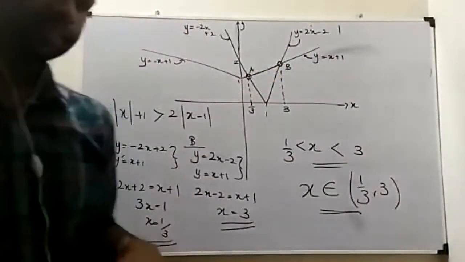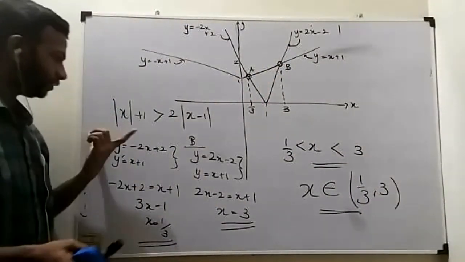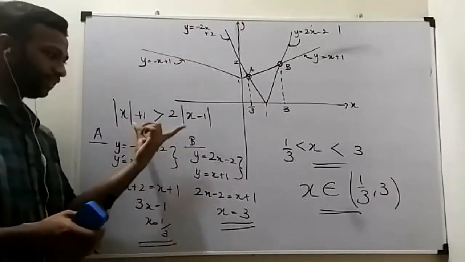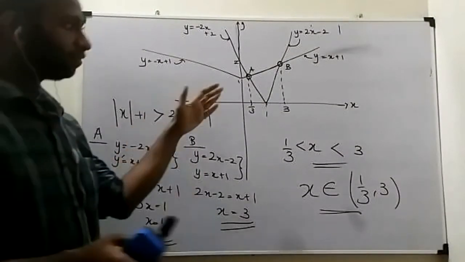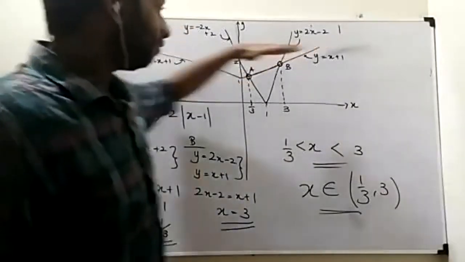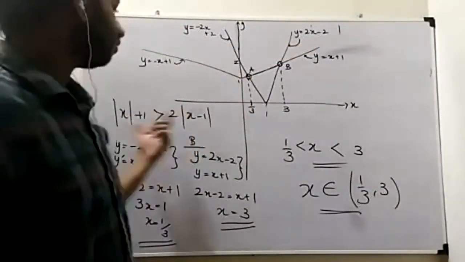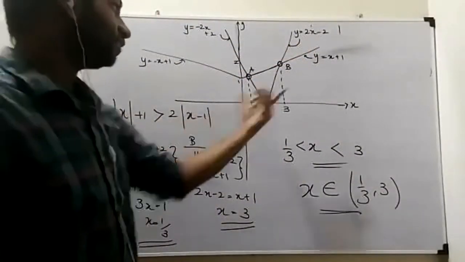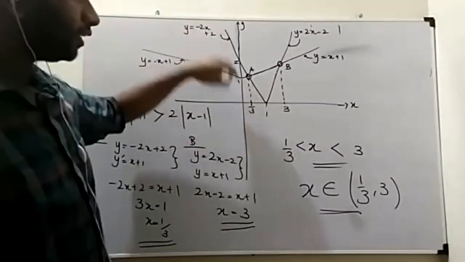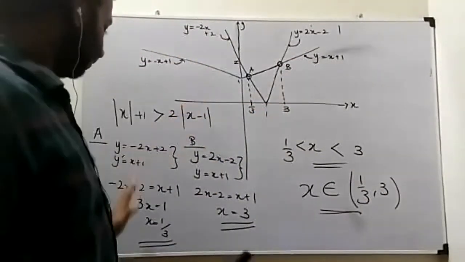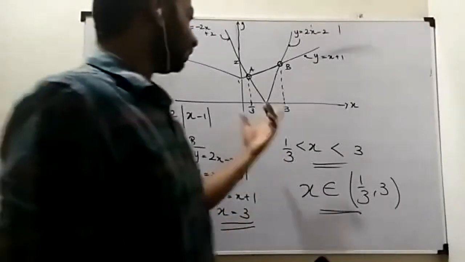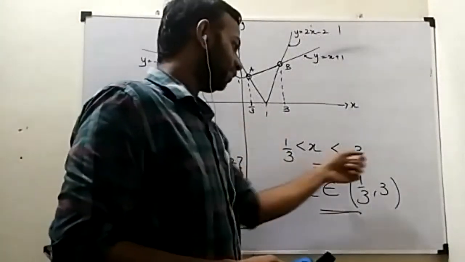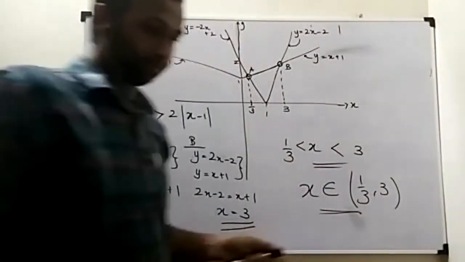Then they asked, hence or otherwise, to find the values of x for this. From the graph we can see the area where this graph is greater than this graph, and by substituting we get 1 over 3 and 3. So the range we need is between 1 over 3 and 3. That's basically what we did.